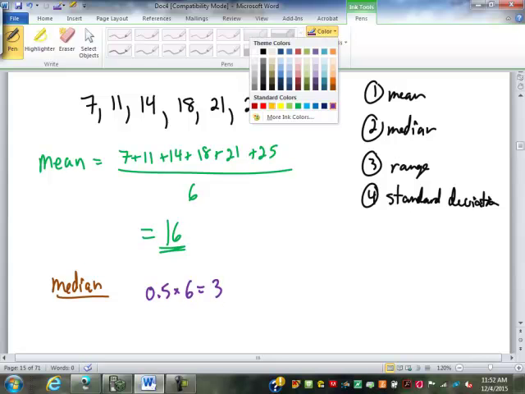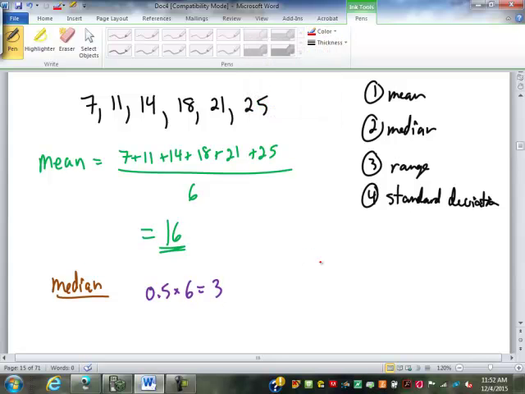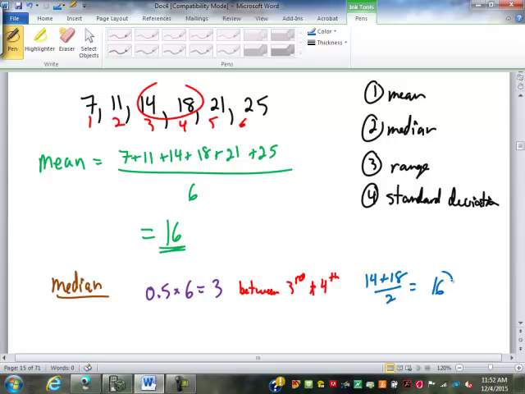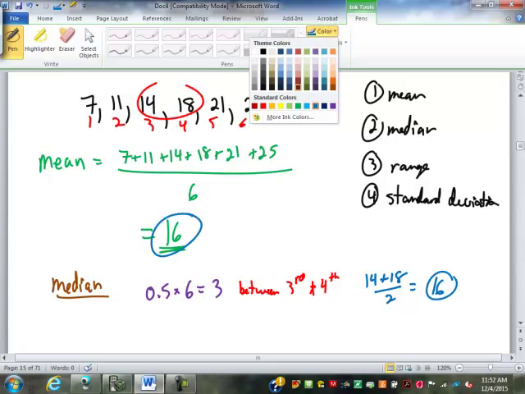Since it is a whole number, the median is between that one and the next one, between the third and the fourth. So 1, 2, 3, 4, 5, 6. Between the third and the fourth is between 14 and 18. 14 plus 18 divided by 2 is 16. Any questions?